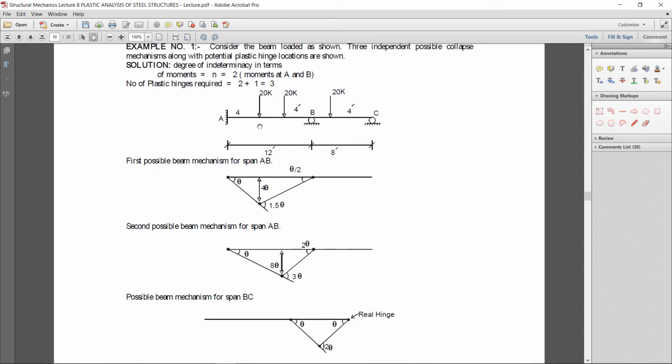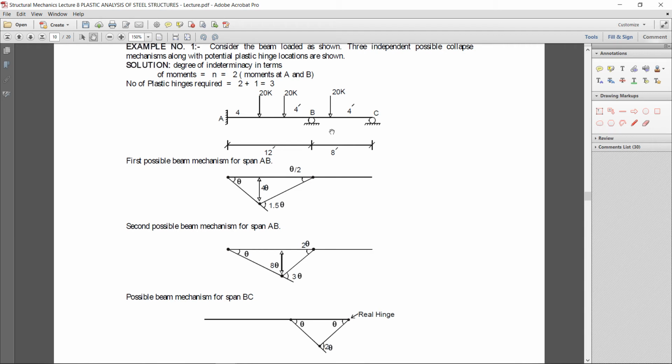First of all we will assume that a plastic hinge will form under the first 20k load. Then the second possibility is that a plastic hinge will form at the second 20k, as shown here.